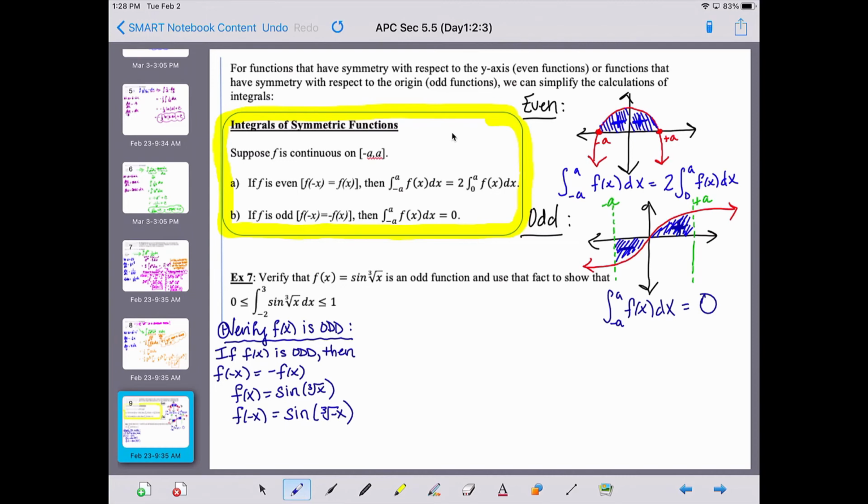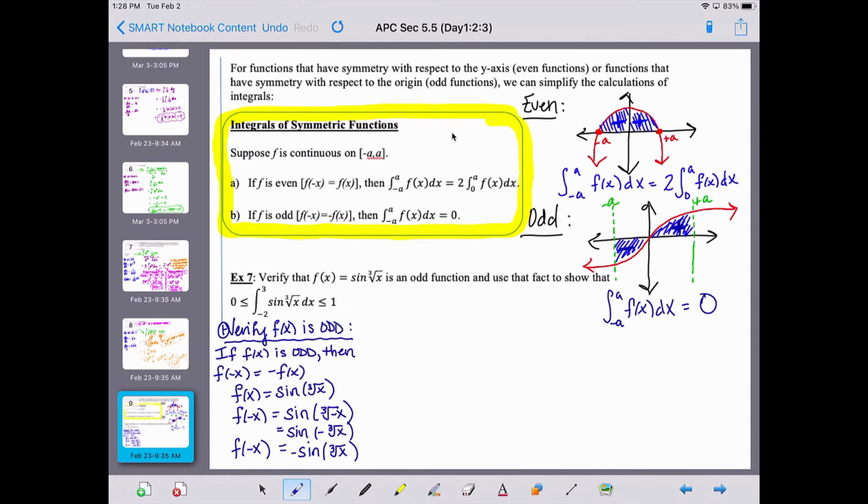So we can simplify this and say that this is going to be equal to the sine of negative the cube root of x, and we know that the sine of negative x is equal to negative the sine of x. So if you look at that, what we notice is that f of negative x is equal to negative the sine of the cube root of x, which is the opposite of the function that we just started with, okay?